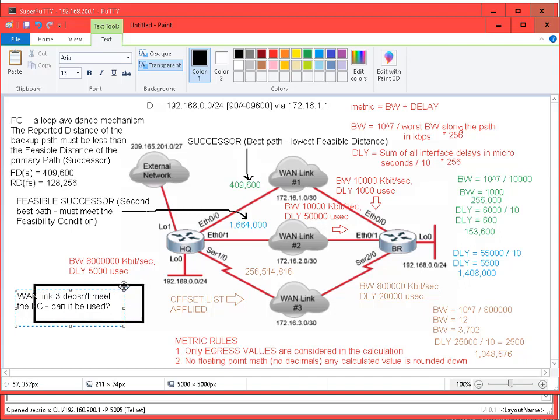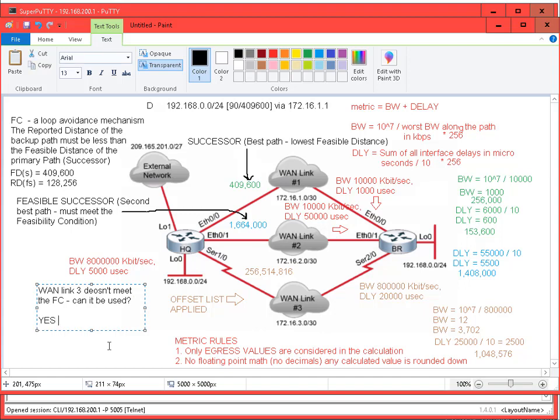You're not going to look at it and say, well, if WAN link 1 and WAN link 2 fail, do I just not use the bottom link? No, that's not what happens. The answer to the question is yes, but only after a secondary check takes place, right? And that secondary check is the query process.